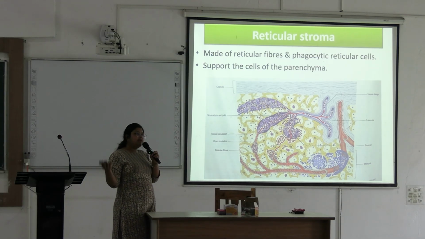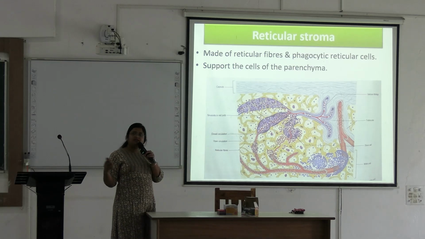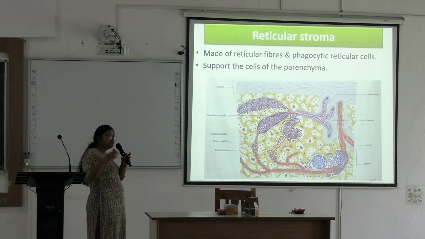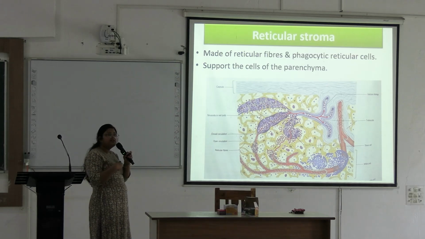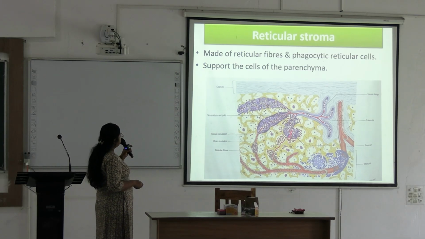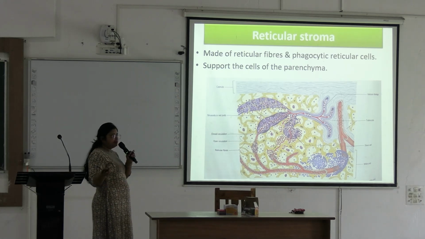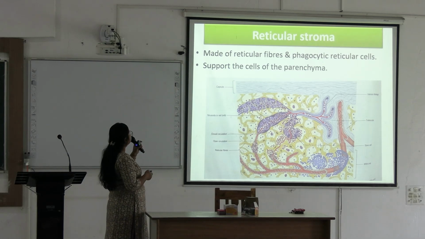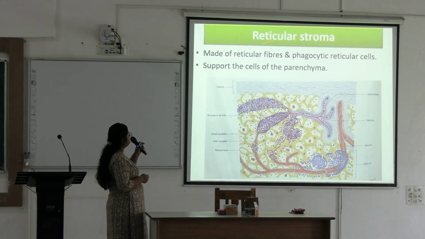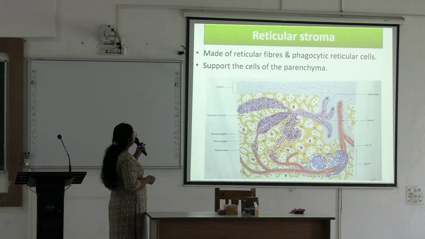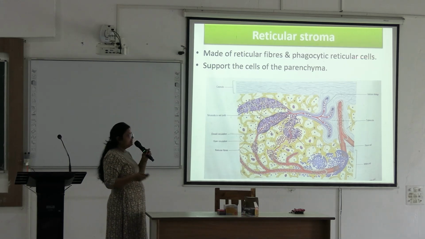Some are blood cells, some are splenic parenchymal cells. Blood vessels are directly opening into the parenchyma of the spleen. This reticular framework is formed by the type 3 collagen fibers or reticular fibers. So it is made up of reticular fibers and phagocytic reticular cells and they support the cells of the parenchyma.